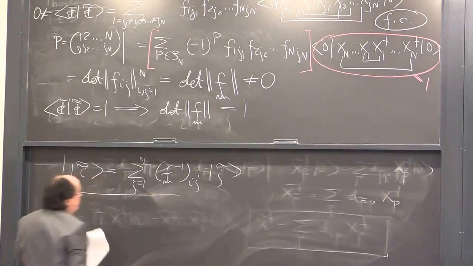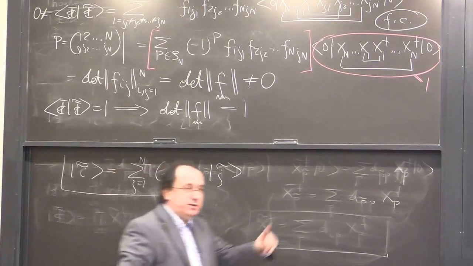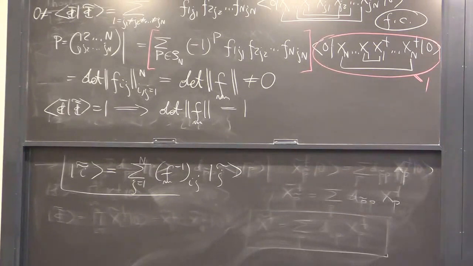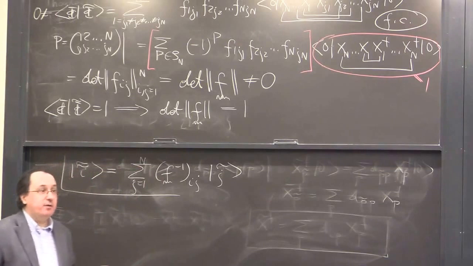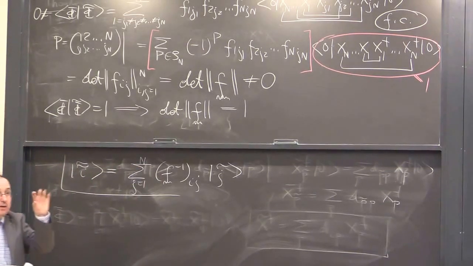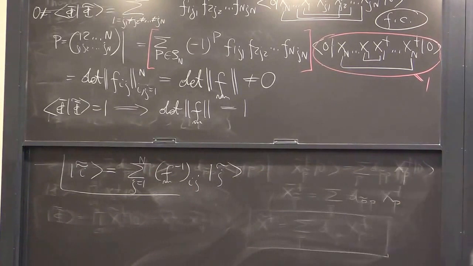As you can see, I'm transforming our tilted spin orbitals that are occupied in the phi tilde using the f to the minus 1 transformation. Now let me explain why I want to do this. First of all, the question should be, can I do this? Well, yes, I can. We just proved that matrix F is non-singular, so that means that f to the minus 1 exists. So I certainly can write this expression. That's a legitimate expression.